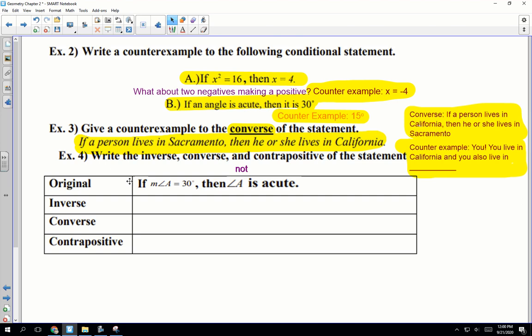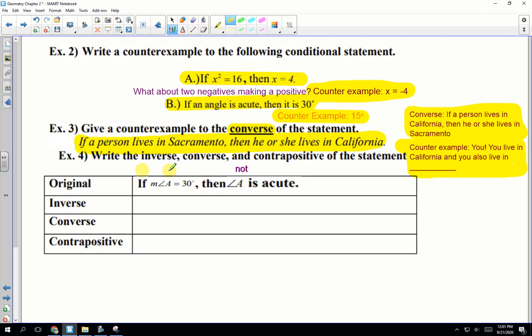All right, we are going to, in example 4, write the inverse, converse, and contrapositive of this statement. I like this little table because it gives us the original, the inverse, the converse, the contrapositive, a little space for each one. And now what I did is I made each of these little pieces. So just to remember, each of inverse, converse, and contrapositive is going to have an if.